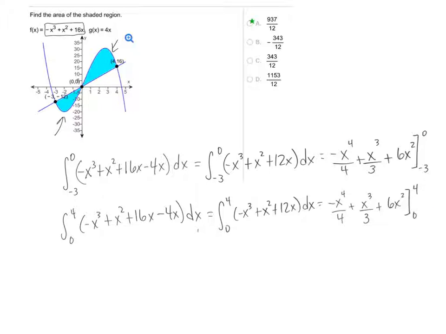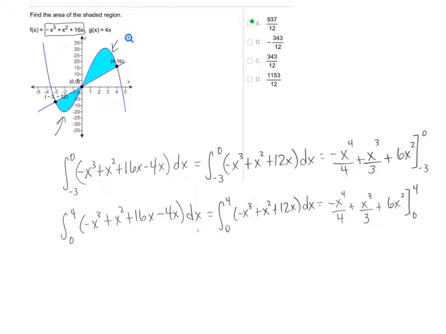But if we put in zeros for all of these, for the first piece, we're just going to get 0, and then we're going to subtract from that what we get when we put in a negative 3 into each of these x's. And when we do that, we're going to end up with a negative value here, but we want to make it positive because we're looking at area.